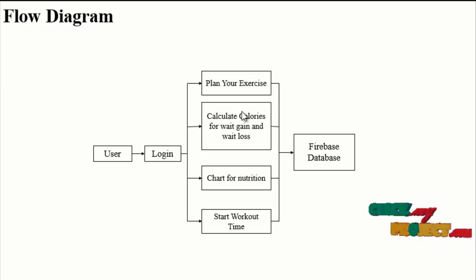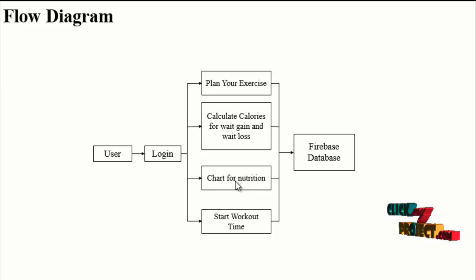If on day one you have a workout, all the details are stored and the calories are calculated for weight gain and weight loss. For example, if you put in your height and weight, then you get how many calories you need for weight gain, how many for weight loss, and how many for maintaining the same weight.